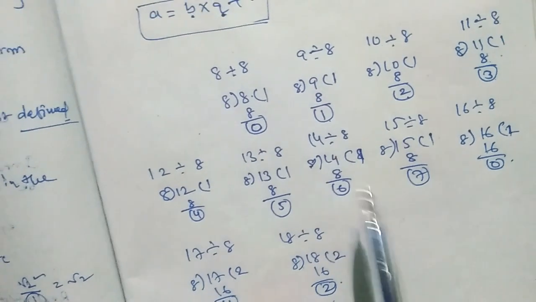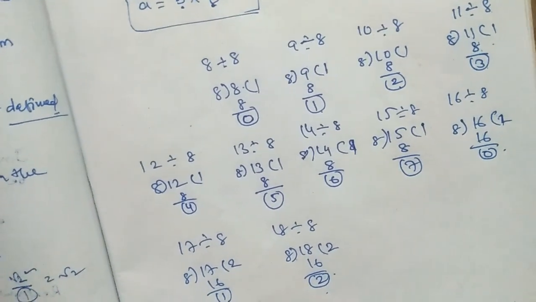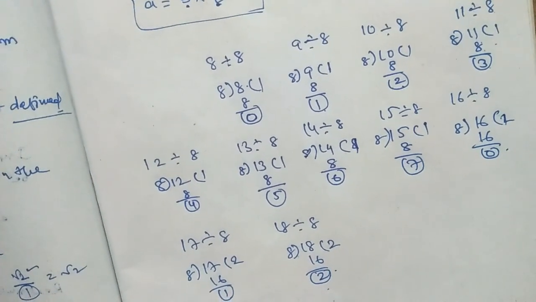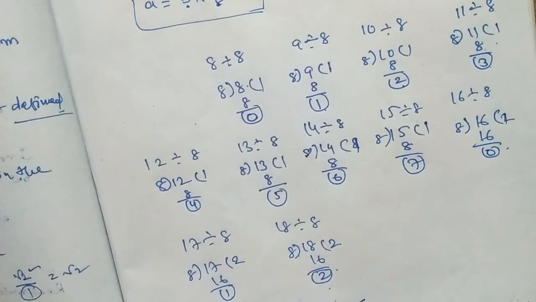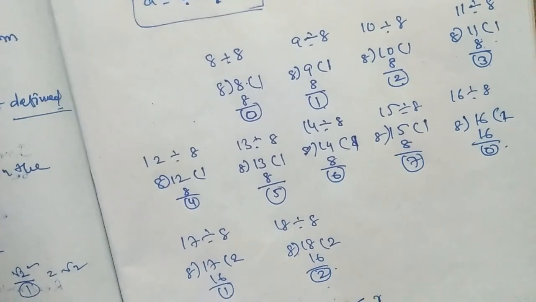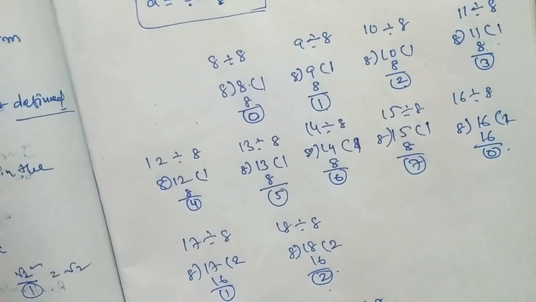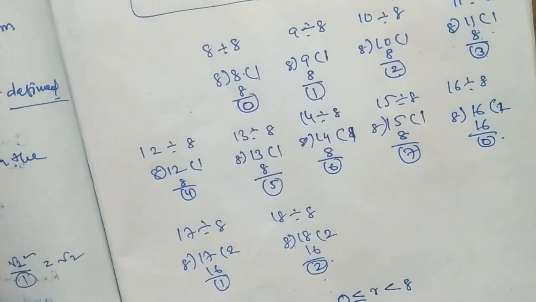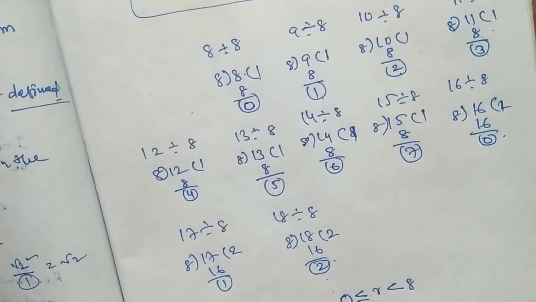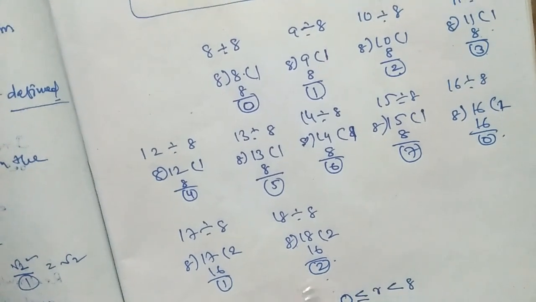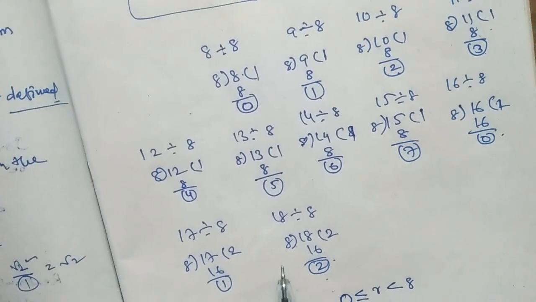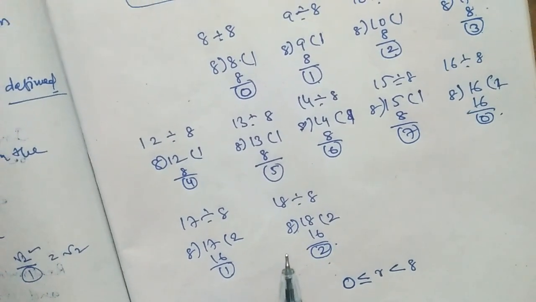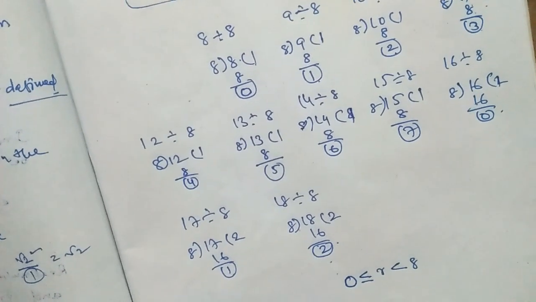So the remainders are repeating. The remainder is greater than or equal to 0 and less than 8. There is no remainder 8, because when it comes to 8, it is a factor of 8, so it is perfectly divided by 8.